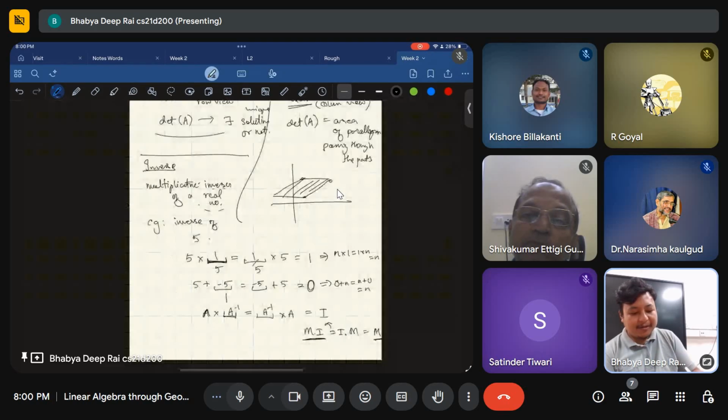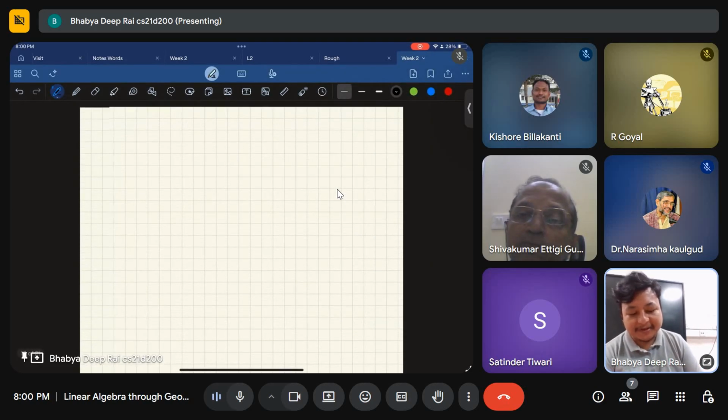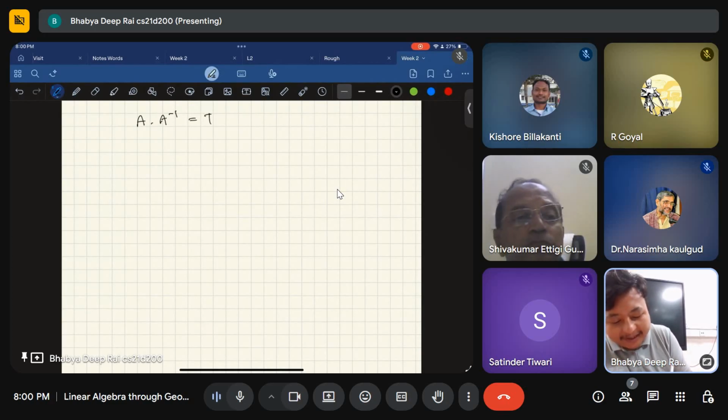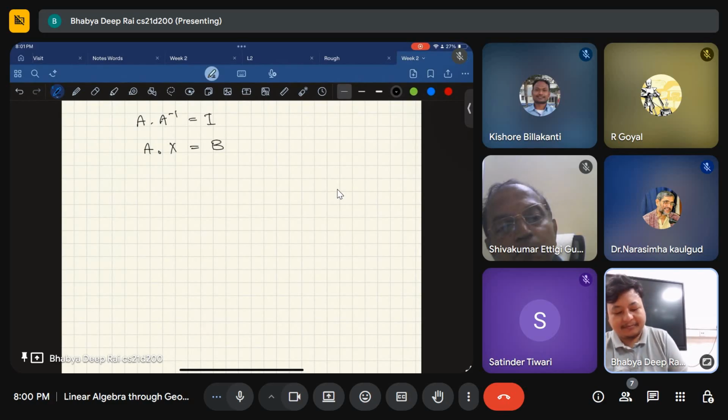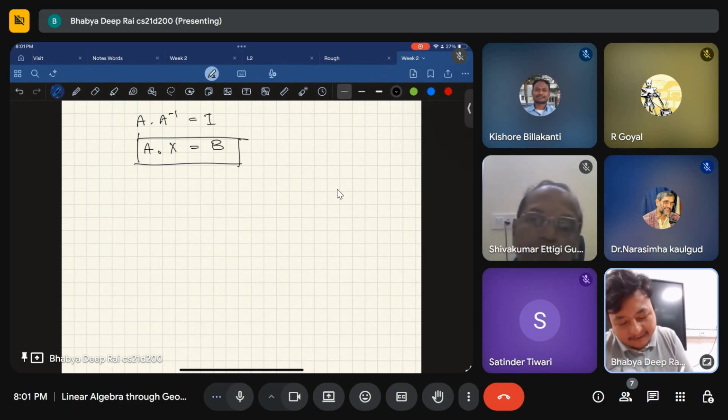Now, why is inverse interesting? You will see that in the next session in terms of vectors also, but inverse is supposed to undo the operation that the original matrix did. So I already said that A times A inverse is I. Now think about this case. AX equals B is the system of equations.